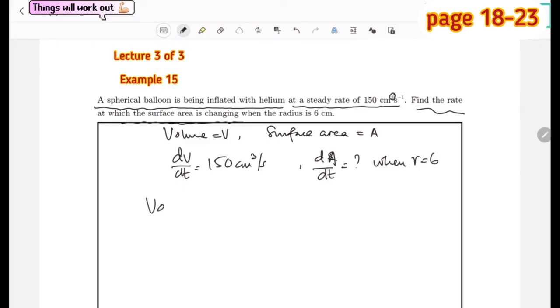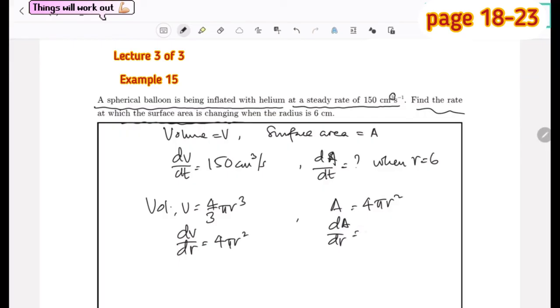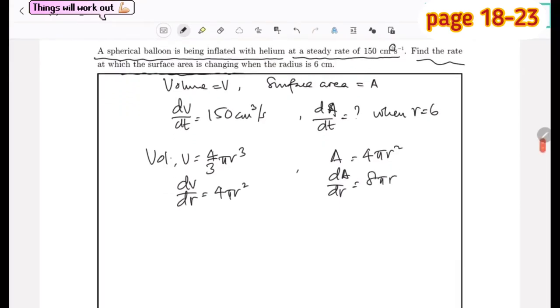So volume V will be 4/3 pi r cubed. So dV/dr, we get 4 pi r squared. Area will be 4 pi r squared, so dA/dr is 8 pi r. We want dA/dt, so that will be dA/dV times dV/dt.